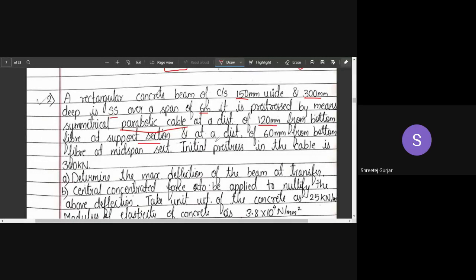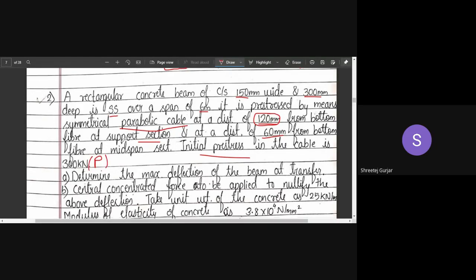And at the center, it is 60 mm from the bottom. We will use this to draw the profile of our cable. Then the pre-stressing force in the cable is 300, so this is capital P, which is given to us.